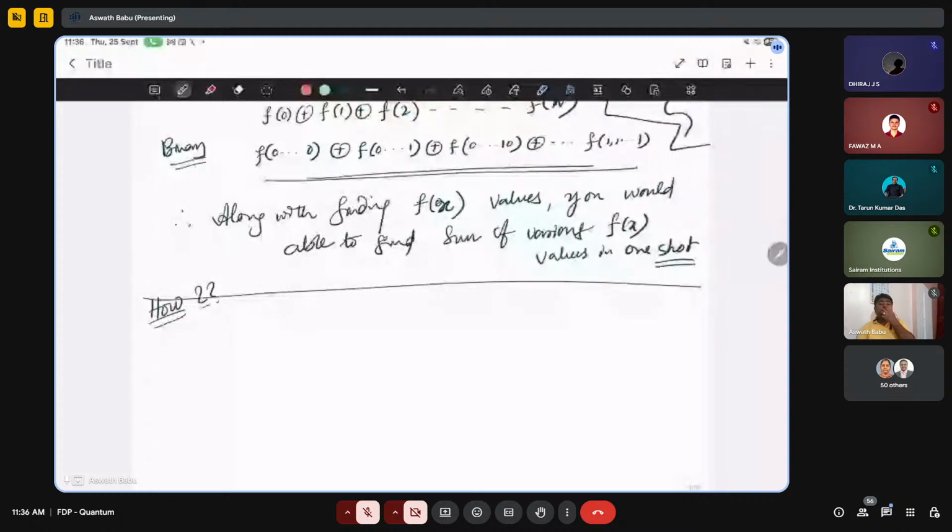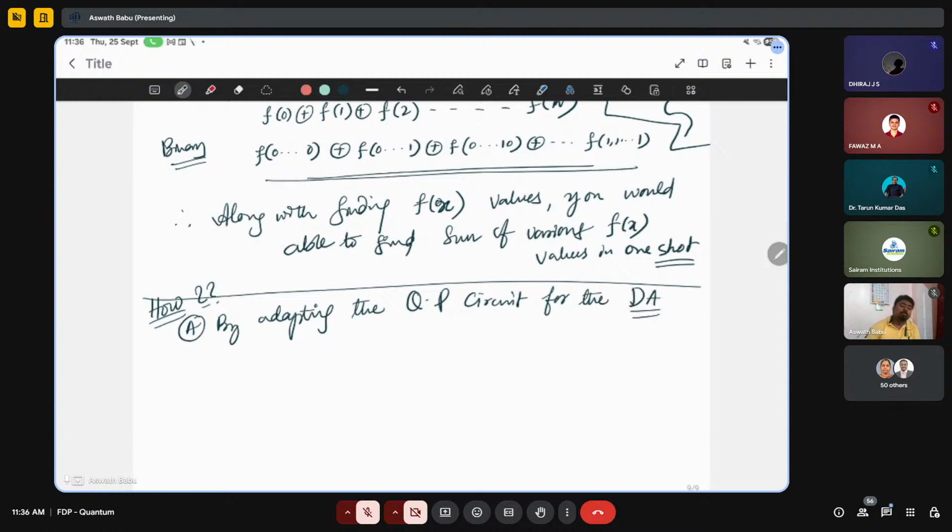So what we do, we can fiddle a little bit with whatever parallelism circuit we have. Okay, the answer is by adopting the quantum parallelism circuit for the Deutsch algorithm. What is the adoption?